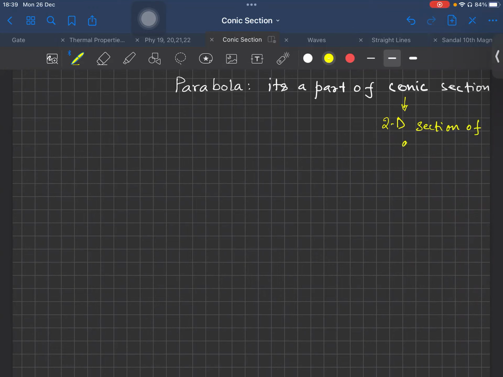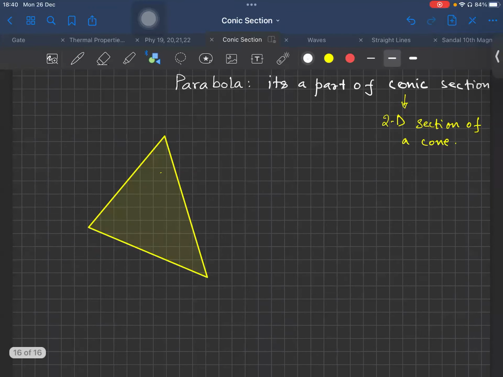Now, see, cones can be sliced in different manners. It can be sliced like we saw in the definition of circle. Suppose this is a cone, and we are slicing it from here.